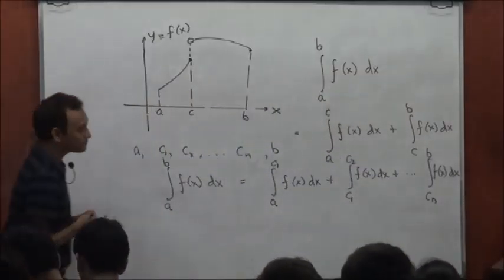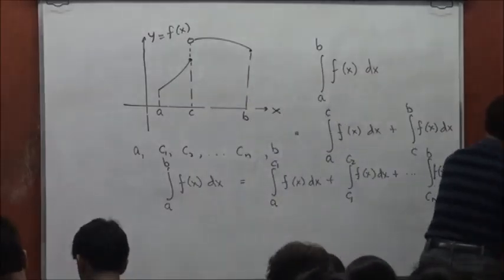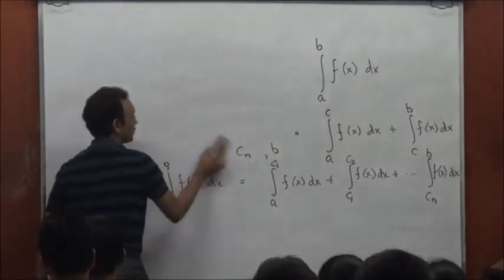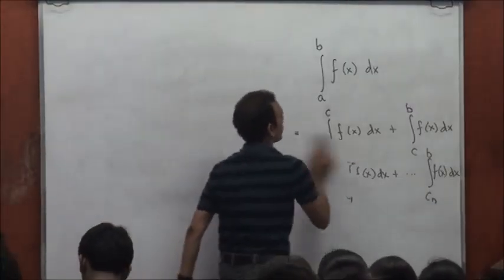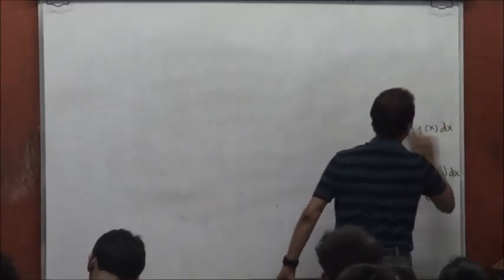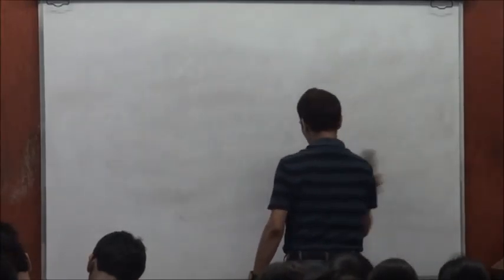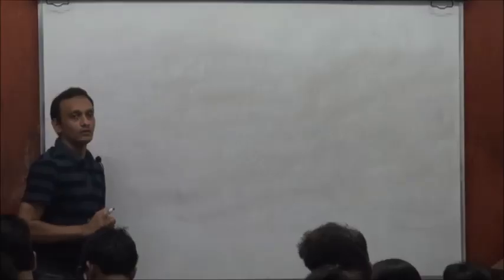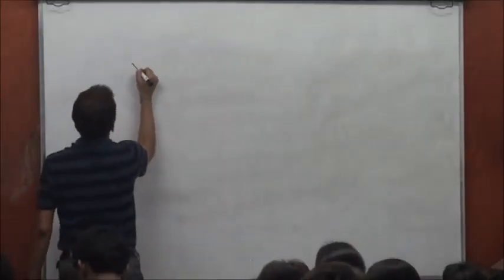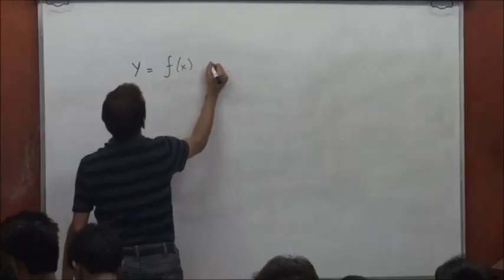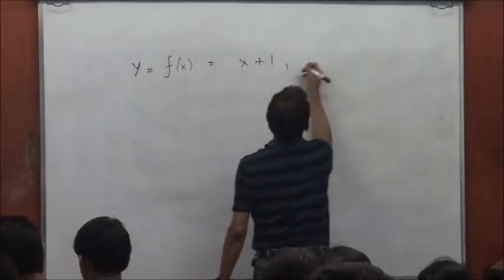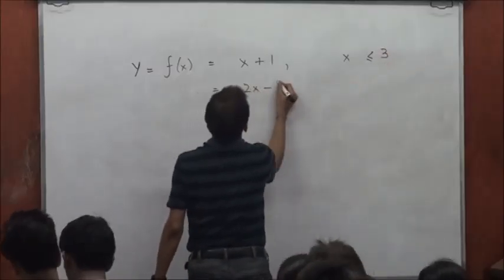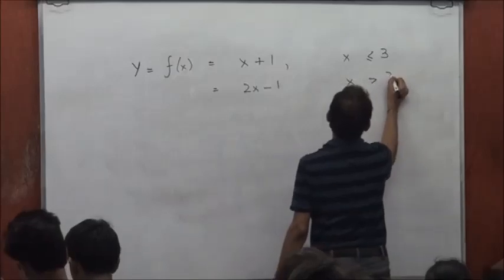For example, say I have a function y equal to f(x), which is x plus 1 for x less than or equal to 3, and is 2x minus 1 for x greater than 3.